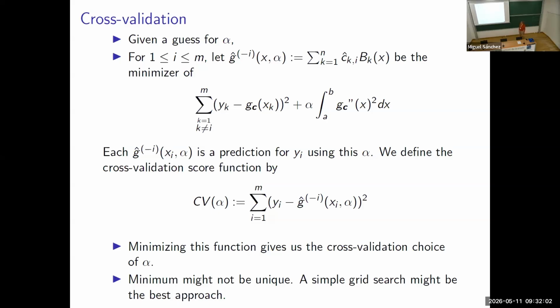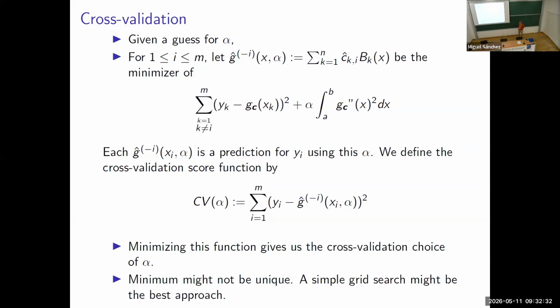Then you can define a cross-validation function by summing up how well this function, without the ith point, approximates the ith data point, because you haven't used that one.